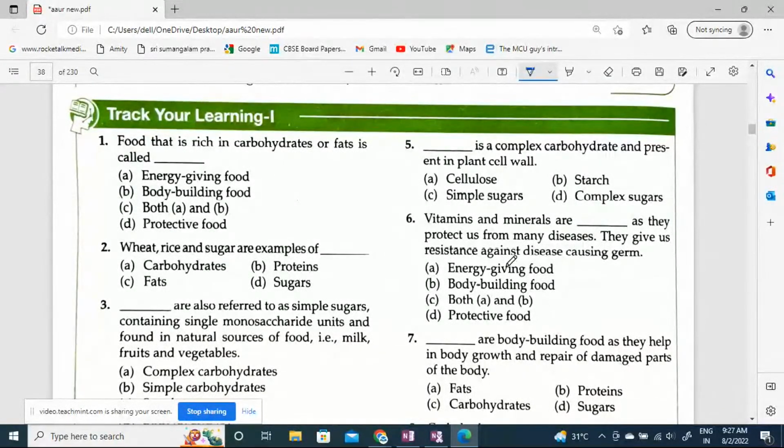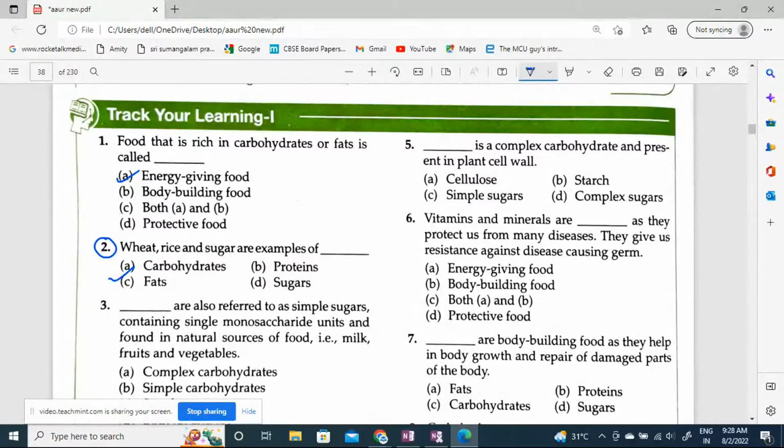Food that is rich in carbohydrates or fats is called energy giving food. The examples are carbohydrates, which are also referred to as simple sugars, simple carbohydrates. The second one is carbohydrates.